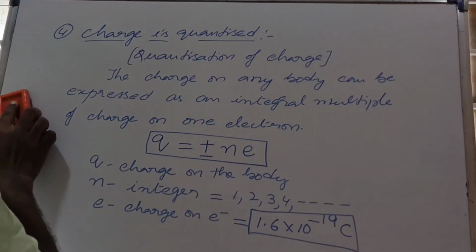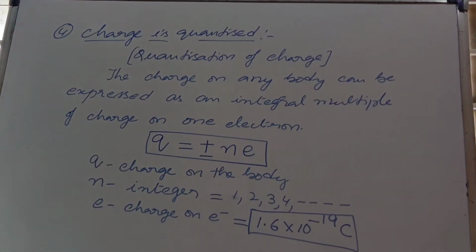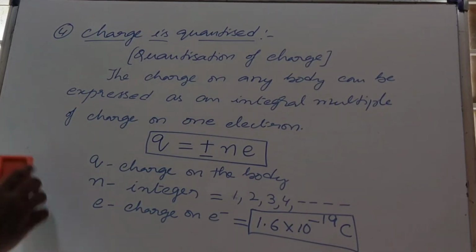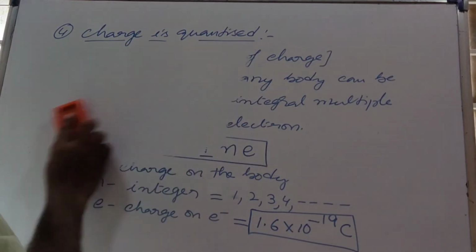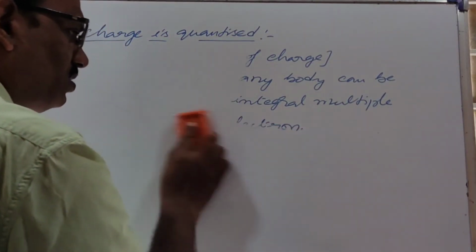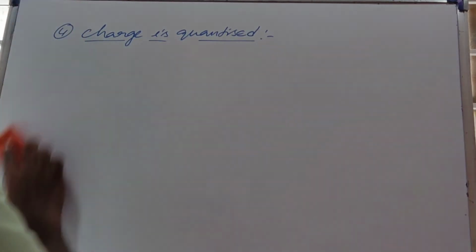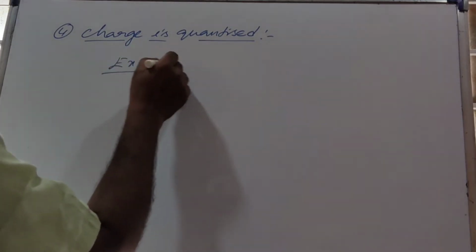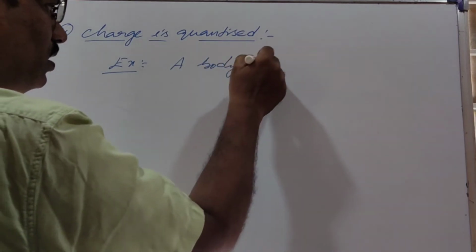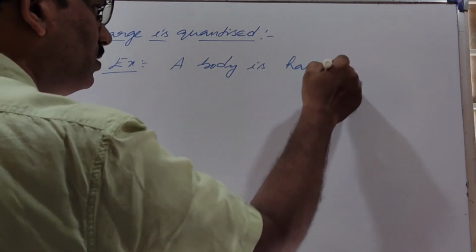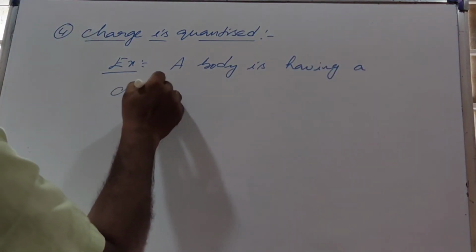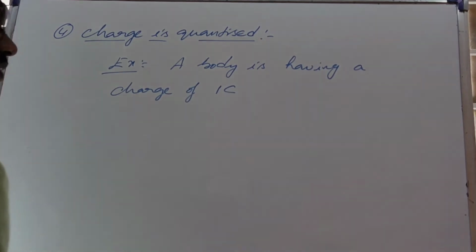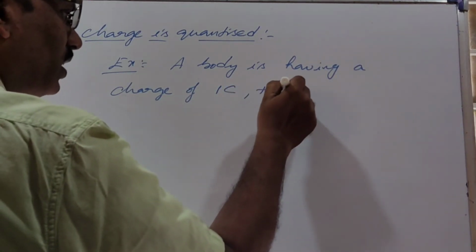Let us take an example. Consider a body is having a charge of 1 coulomb. Then how many electrons?